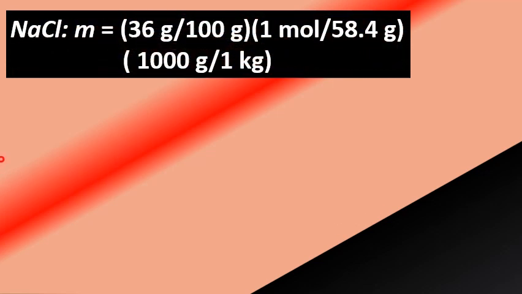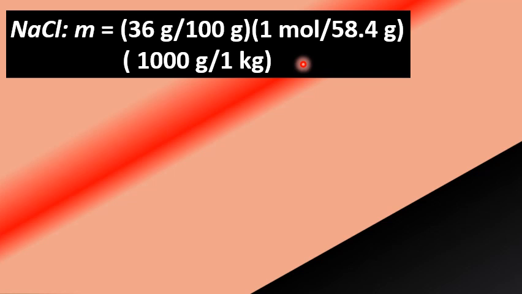We first determine the molality of sodium chloride. That is, the percentage by mass, 36 grams per 100 grams, is multiplied here by the reciprocal of the molar mass of sodium chloride. That is, in 1 mole, there are 58.4 grams.